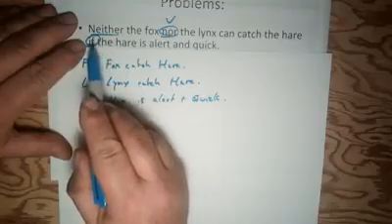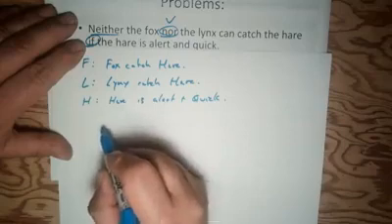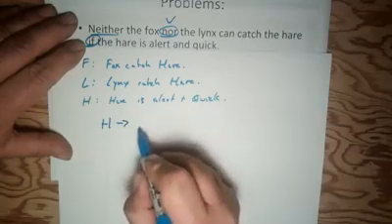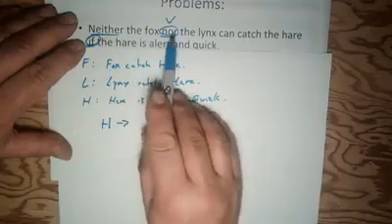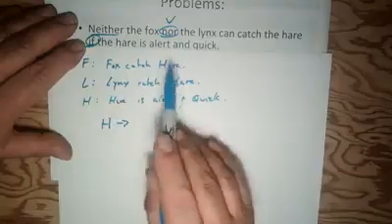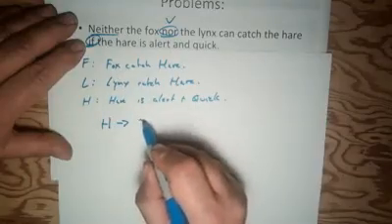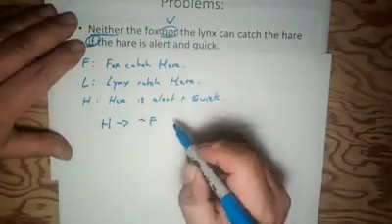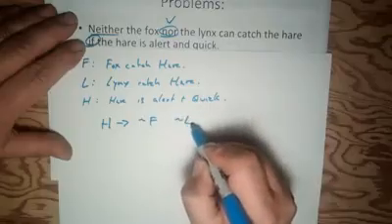And remember the rule, the antecedent is always what comes after the if. So the fact that the if is in the middle of the sentence here tells me that what the form of this is going to be is H, then not, now it's neither nor, and F is, so it's not the fox catching the hare, and it's not the lynx catching the hare.